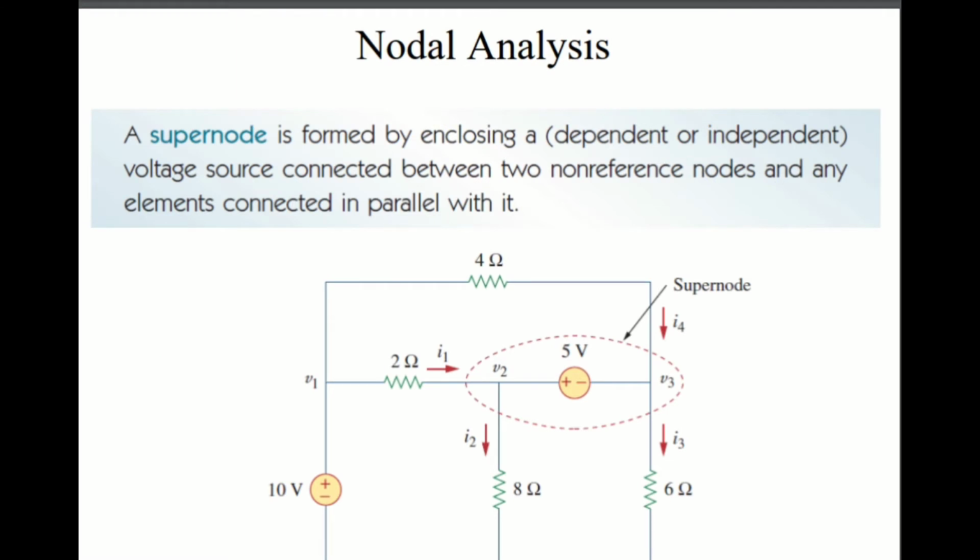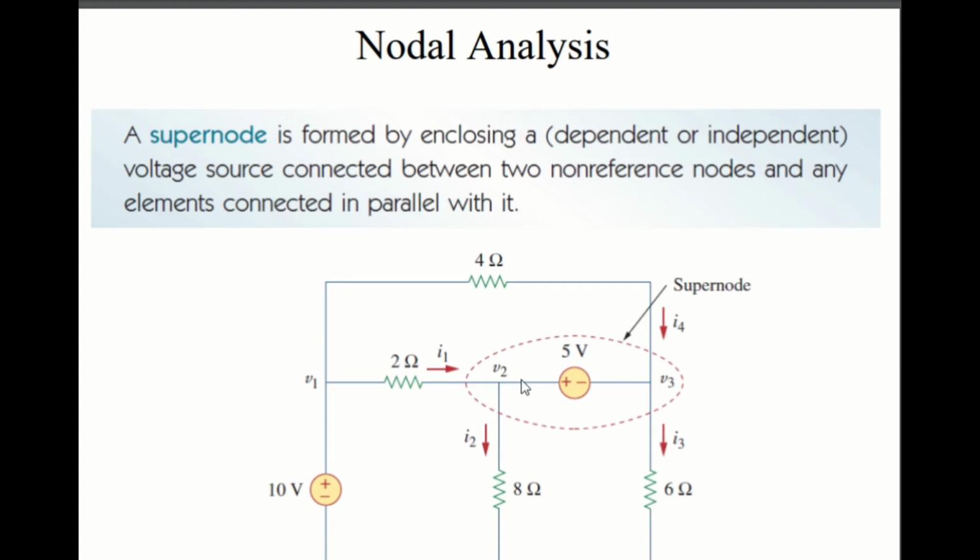Another thing that you need to know is the supernode. A supernode is formed by enclosing a dependent or independent voltage source connected between 2 non-reference nodes and any element connected in parallel with it. If you look at this circuit, there are 3 non-reference nodes over here, V1, V2, and V3, and the bottom of the circuit is the ground. So there's a single reference node over here.